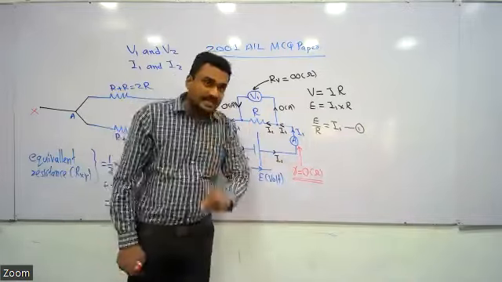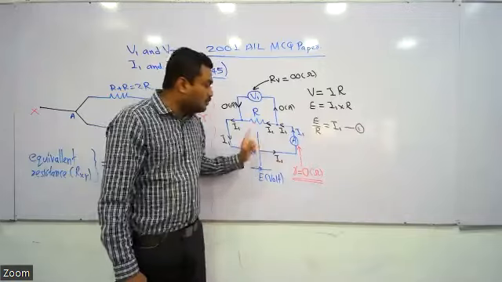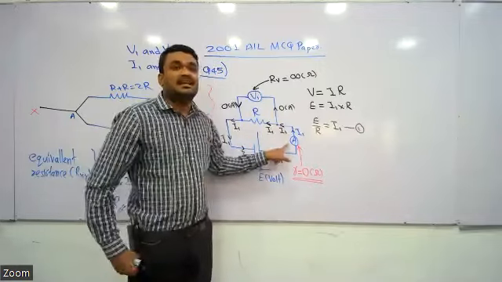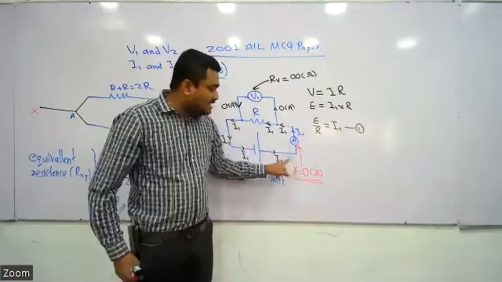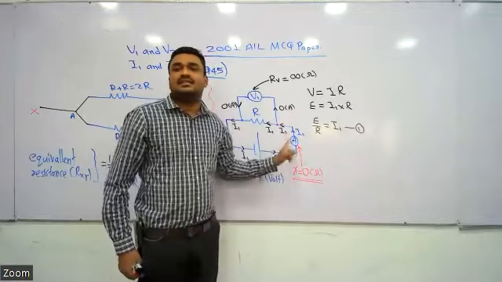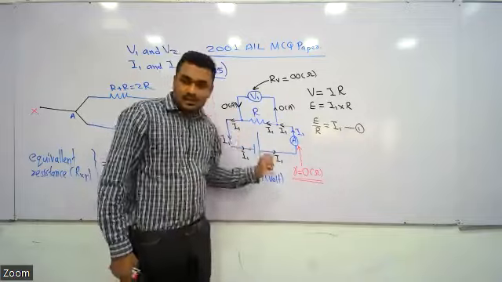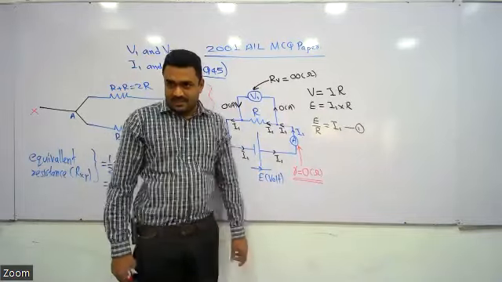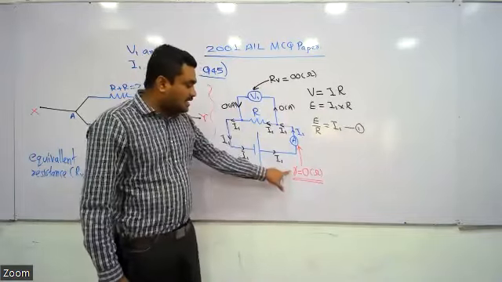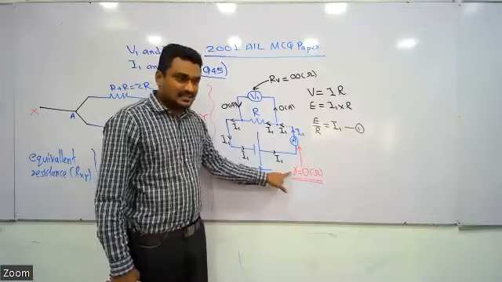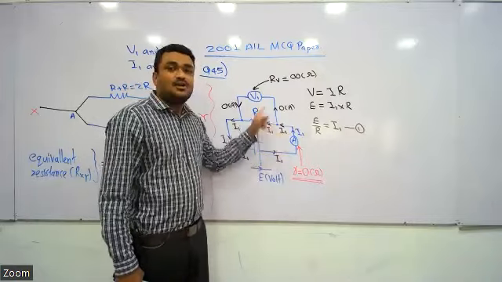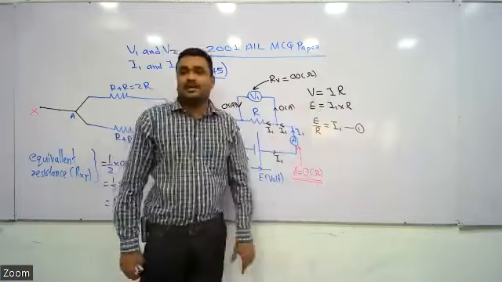But please remember that we can apply the simple Ohm's law when the ammeter is ideal. Now ammeter resistance is 0. If the resistance of the ammeter is not 0, then you should apply Kirchhoff's law. If the ammeter and voltmeter are not ideal, then you can't apply Ohm's law.